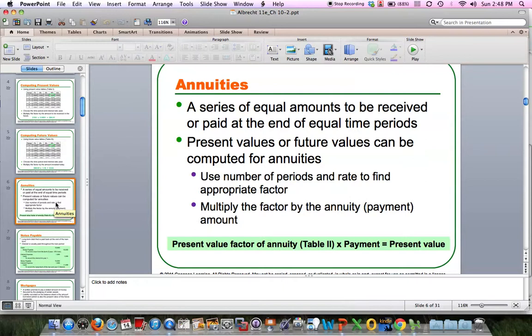The present value or future value can be computed for a series of regular payments, so it'd be the same dollar amount over a number of years. Applying an interest rate factor will then give us a multiple to apply, and that would help us calculate the future value or the present value of those cash flows.